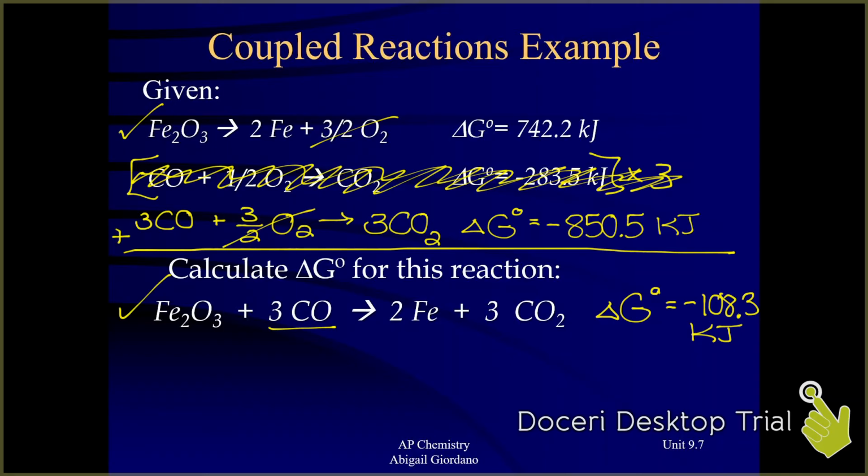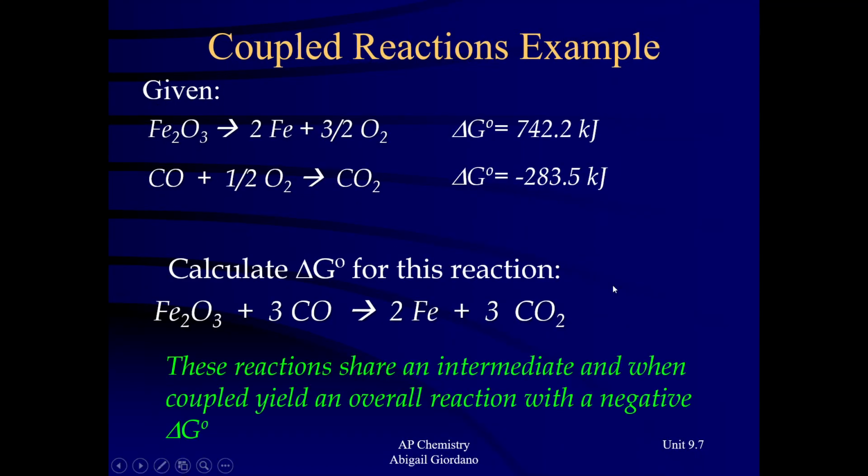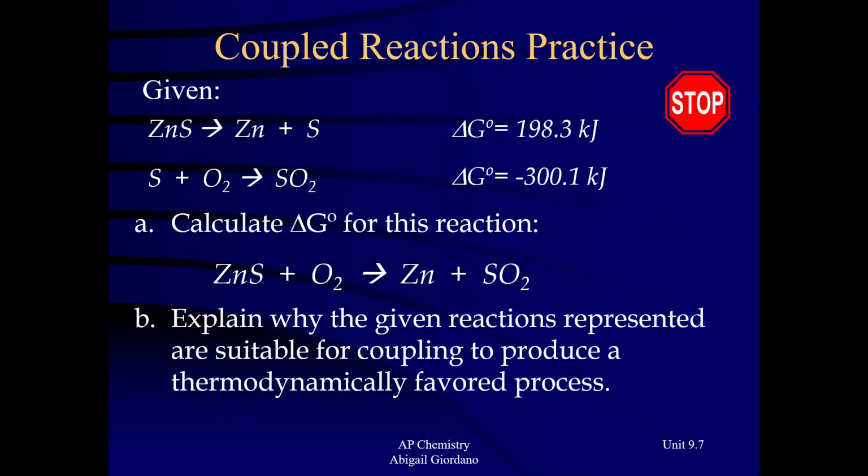That's what coupling is all about. These reactions share an intermediate, and when they are coupled, they yield an overall reaction with a negative delta G. Now I want you to try this one on your own. It's essentially the same thing. Pause your video and try this one.